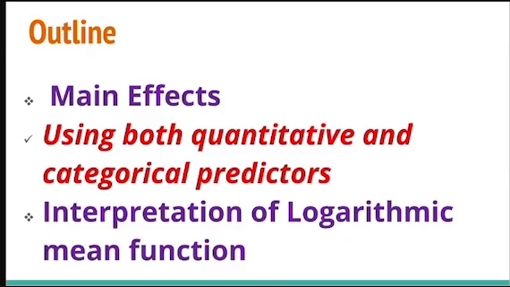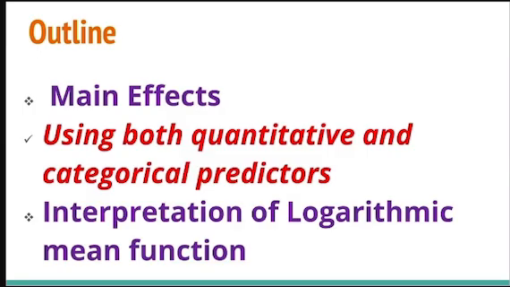What about a situation where one of the independent variables is on a logarithmic scale? At times we can even see situations where both the response and the predictor are on a logarithmic scale. How do we interpret that? I'm going to walk you through that.